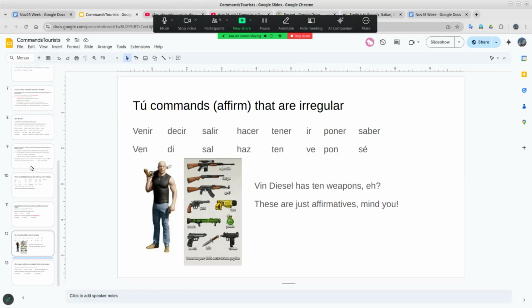All kinds of ugly things that I'm sad to say have to be memorized. But do you have to memorize them? Well, it depends on how much you use them. Actually, the tú commands that are affirmative, notice again, Pandora's box, have one set of verbs that are irregular if they are go do it.